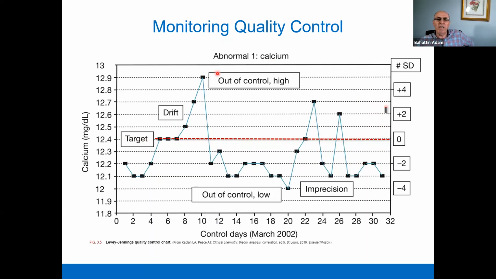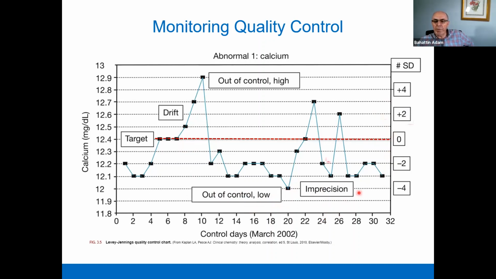Okay, as you see, these results are out of control, higher and higher, okay? And here you see these results, okay, are out of control because they are out of the range of the 3 standard deviation, okay?